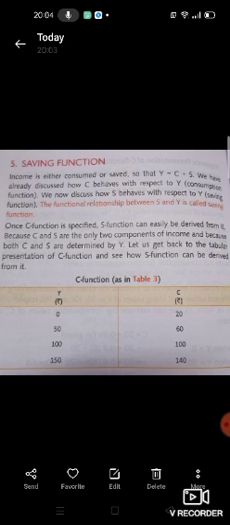Once the C function is specified, the S function can easily be derived from it, because C and S are the only two components of income and both are determined by Y. Let us get back to the tabular presentation of the C function and see how the S function can be derived from it. Now, in the C function, Y is income and C is consumption.